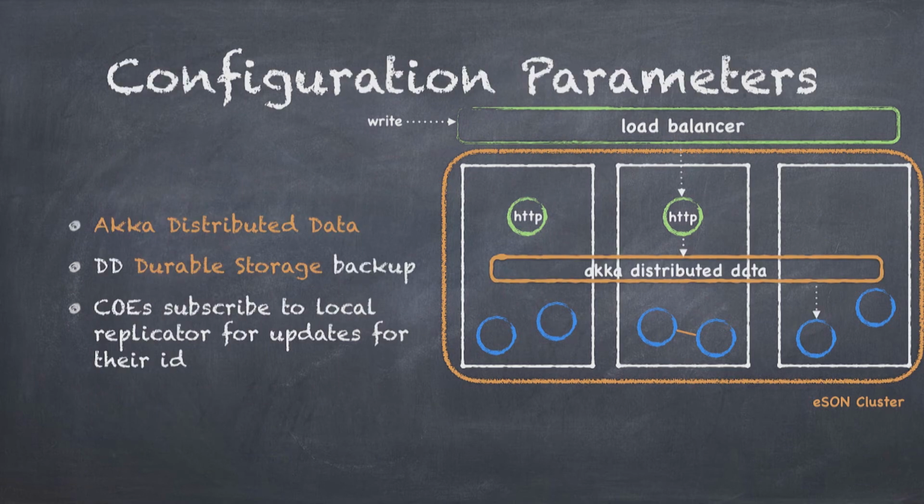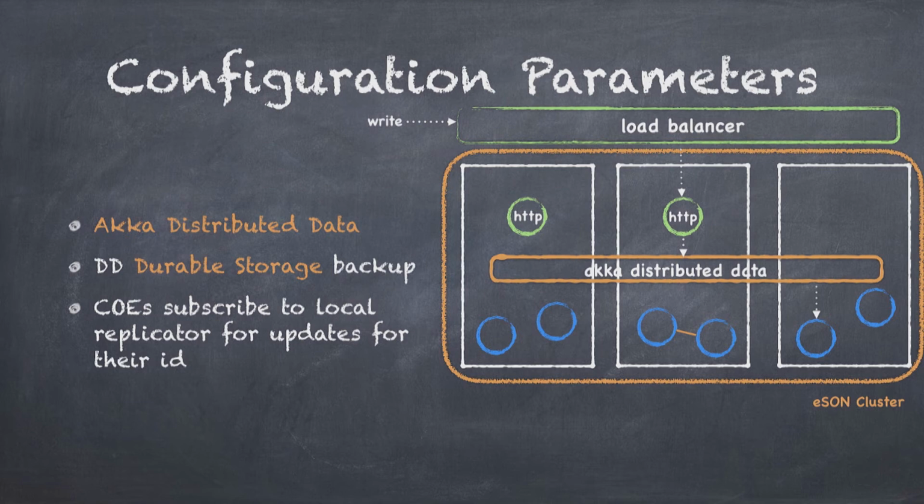For the configuration parameters I just mentioned, as they come in to HTTP, we use Akka distributed data as the way to store those. That's a really convenient feature of Akka, making it very easy to distribute these configuration parameters across the whole cluster.